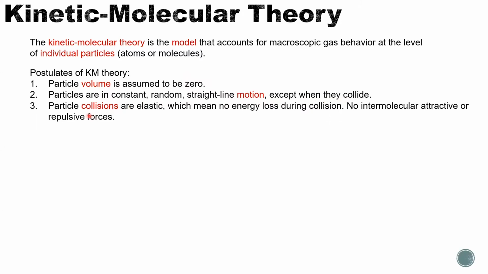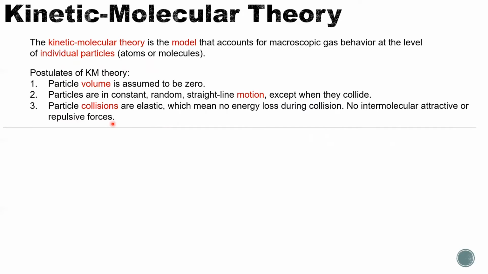When they collide, the collisions are elastic, which means no energy loss during collision, and no intermolecular attractive or repulsive forces. These postulates just help you to understand the theory.